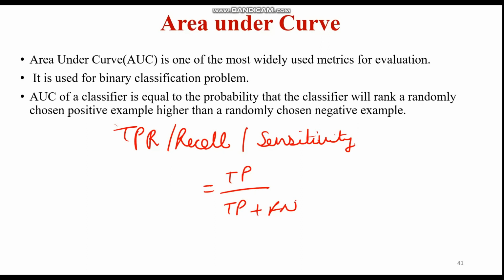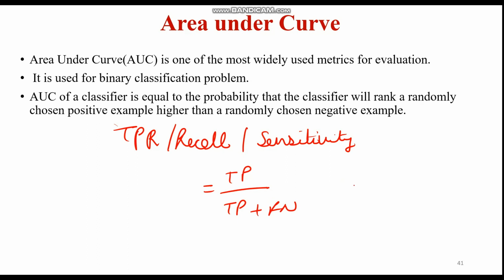If you want further clarification on this topic of TPR and FPR, recall or sensitivity, then you can watch the complete video of confusion matrix that is available on my YouTube channel. It will give you more clarity on recall and sensitivity that has been discussed in that video in detail.